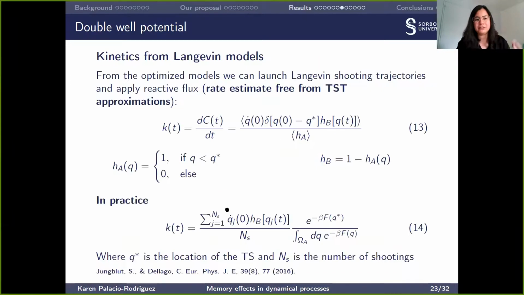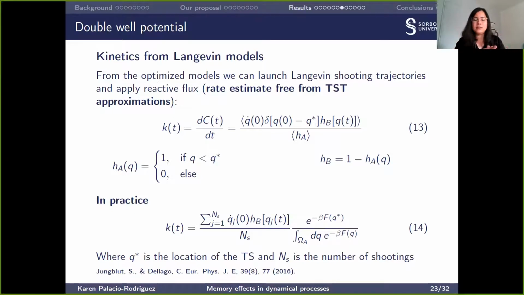And now that we have these Langevin models, we can ask ourselves if we can predict the kinetics from them. To do so, we generate trajectories with these Langevin models that are cheaper than the MD ones. And we apply the reactive flux formalism.